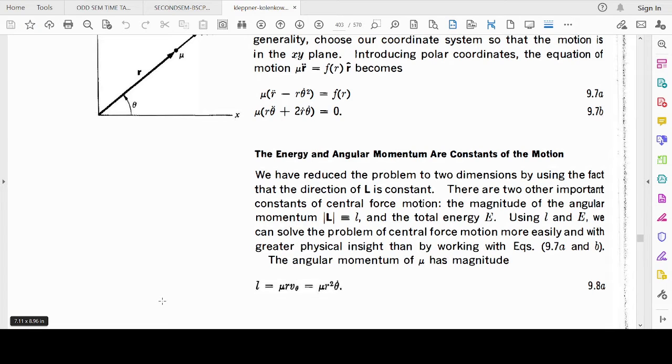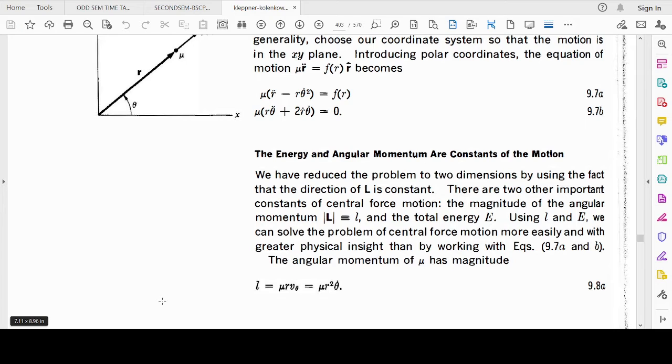Now, as we know, the law of conservation of angular momentum and energy can be applied to the central force motion. So what is the law of conservation of angular momentum?